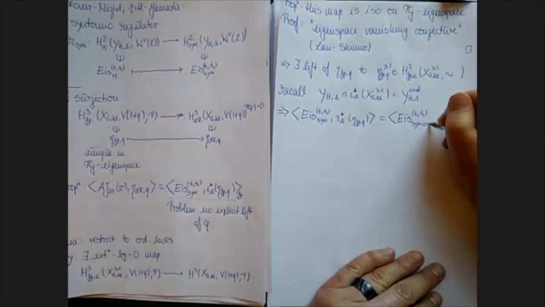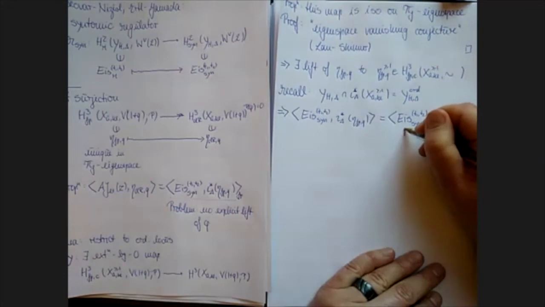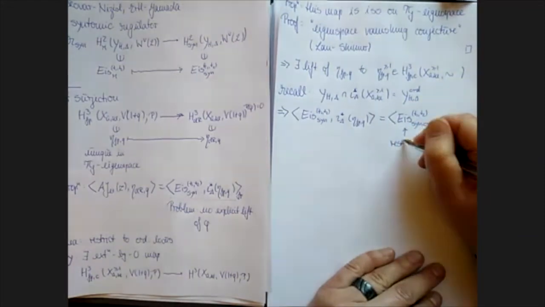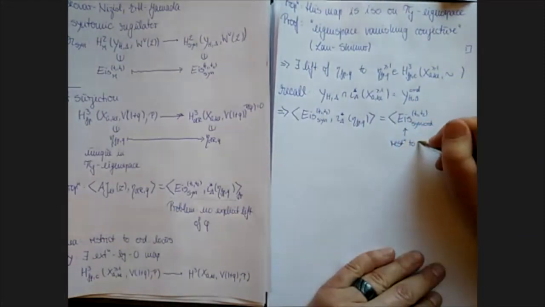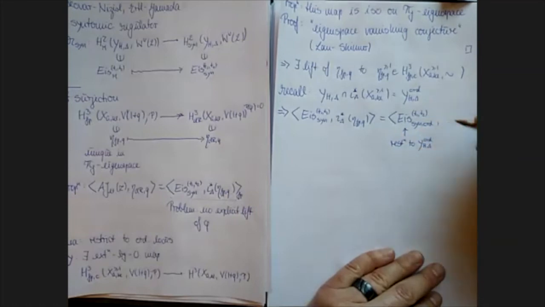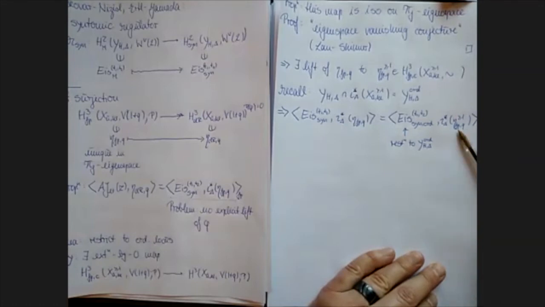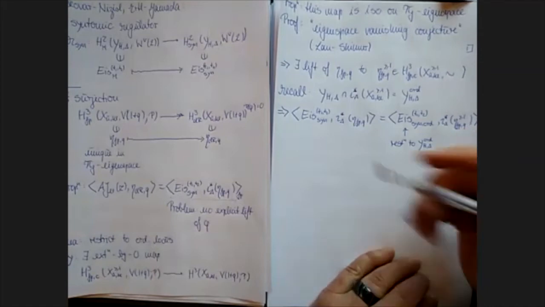So I will write this here as syn odd. So this here means restriction to YH delta odd. And we pair this here against the pullback of this class eta greater or equal to 1. But it turns out that even more is true, namely this here factors through the restriction to the ordinary locus on YG Klingen.